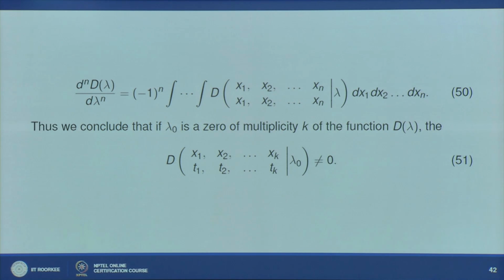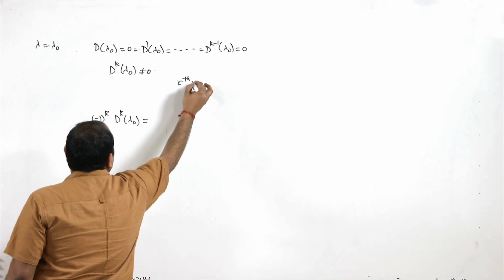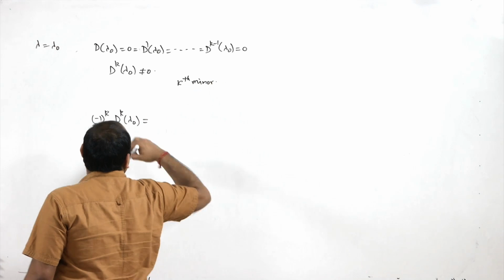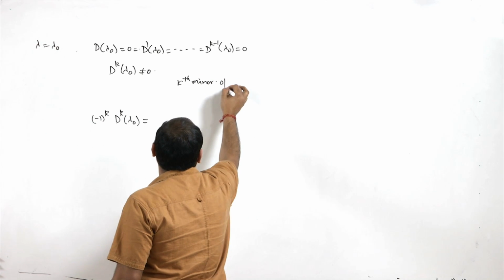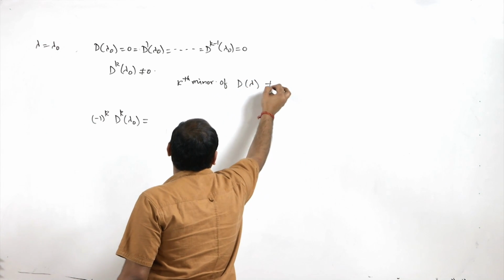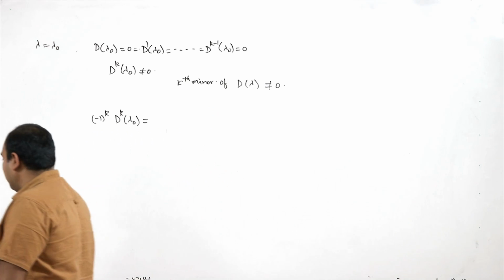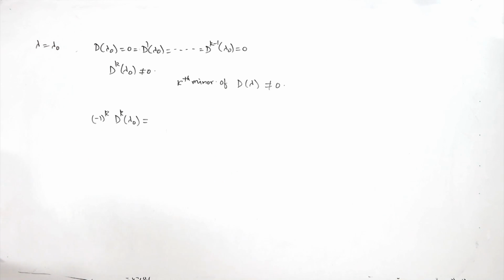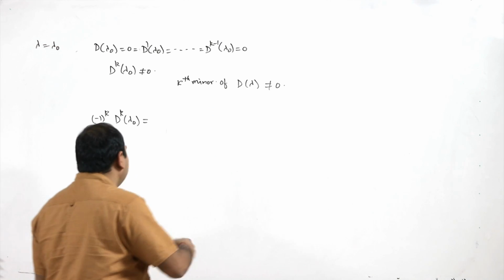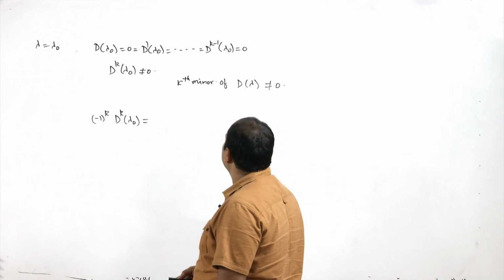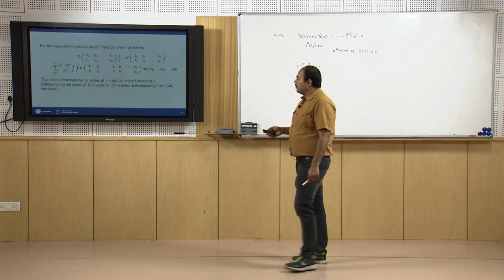This implies that the kth minor of D(lambda) is not equal to 0, but it may happen that the k minus 1th minor, or anything lesser than that, is also not equal to 0.